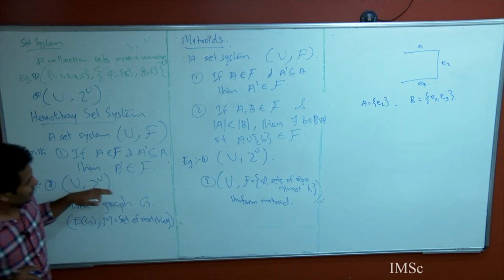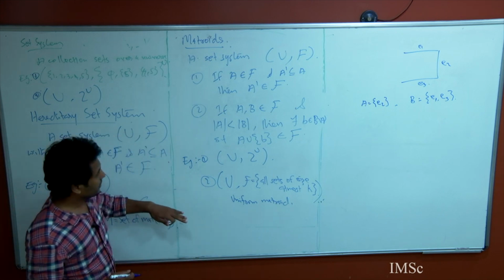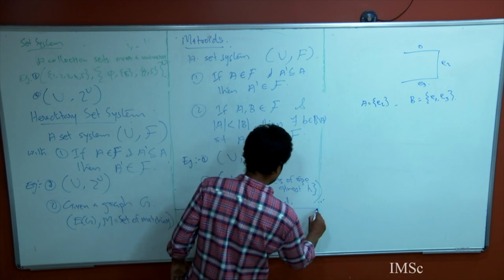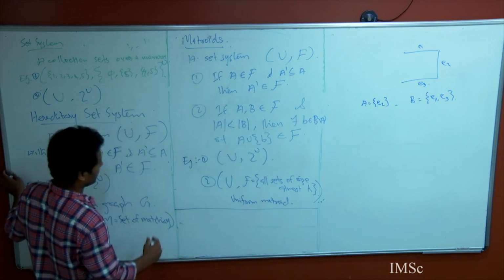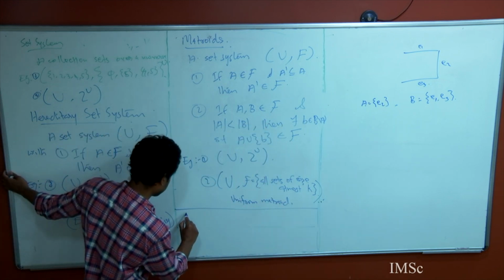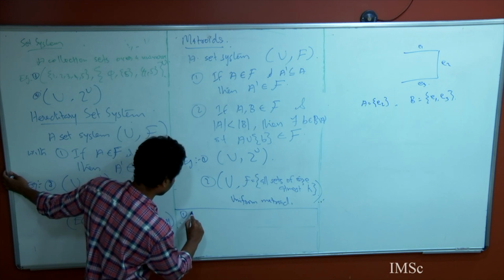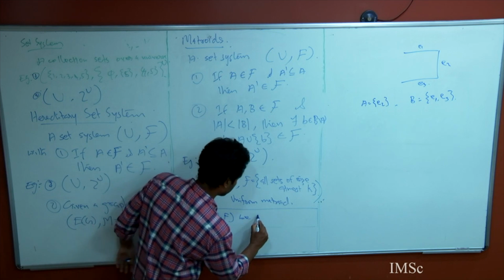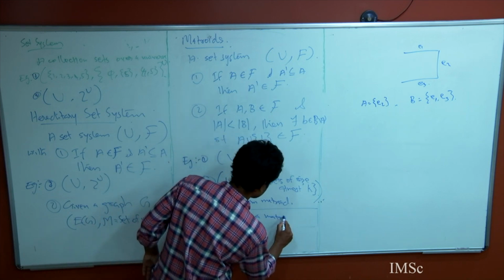Now, just before going into other examples, we'll see one more property. Let U comma F be a matroid.